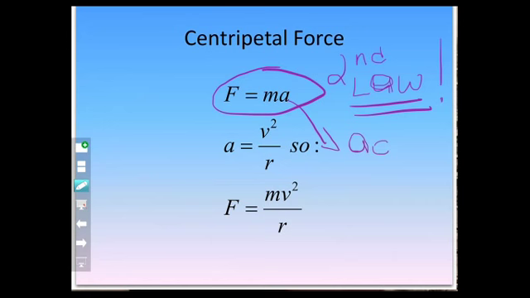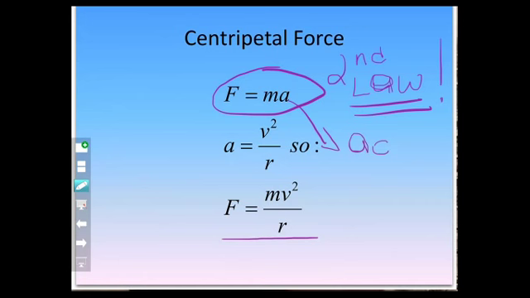So we take our centripetal acceleration, which is v squared over r, plug that in, and we get F equals m v squared over r, where m is the mass of the thing moving in the circular path, v is the speed of the object, and r is the radius of its path.